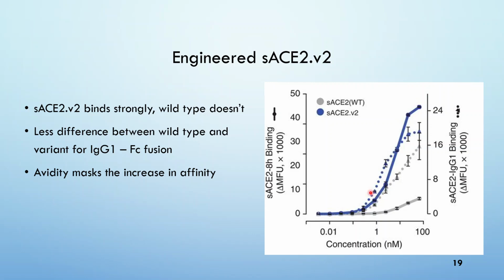In this case, the engineered ACE2 doesn't show much more improvement than the wild type ACE2, because for this fusion, there are two ACE2 molecules fused to the IgG1, and hence they conclude that avidity plays a large role, and not just binding affinity.